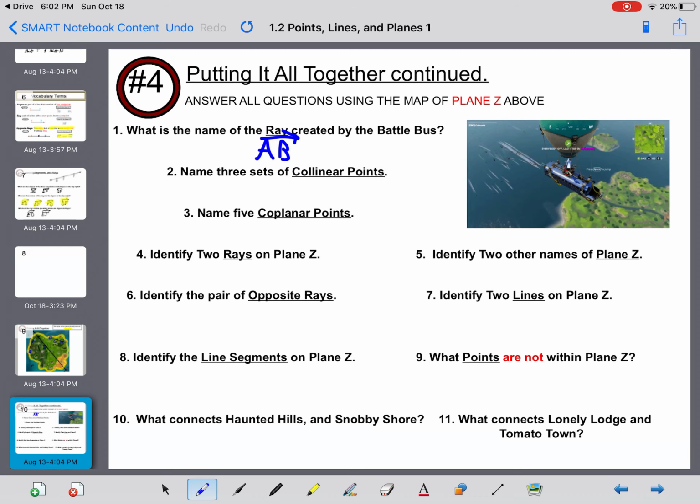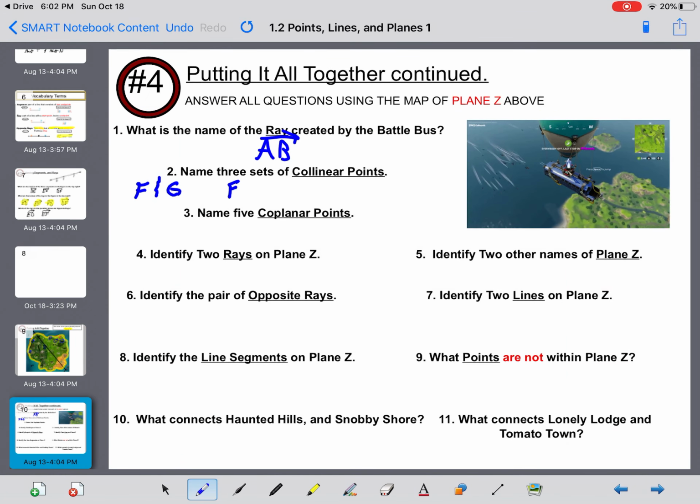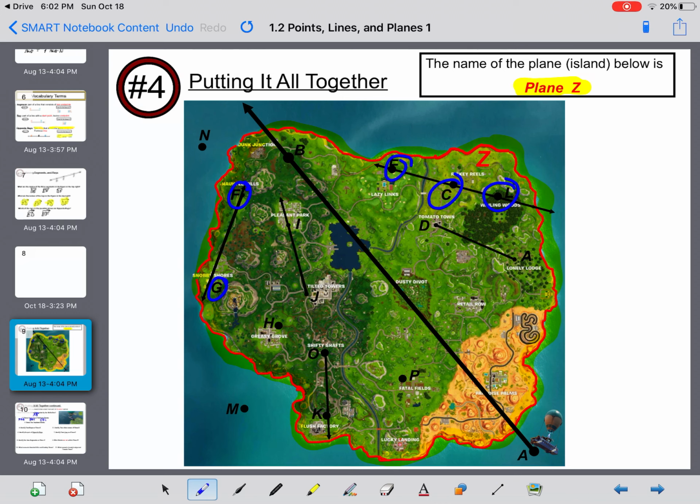So FG, E and C, and G and L, or C and L, I should say. C, L. Okay, so there are collinear points, points that exist on the same line.